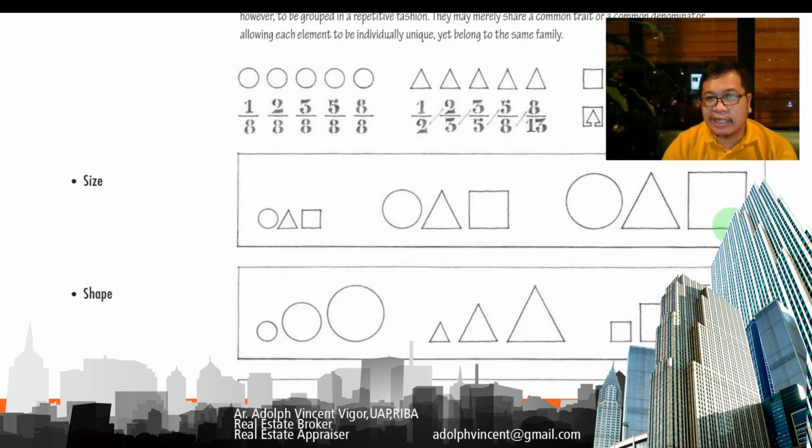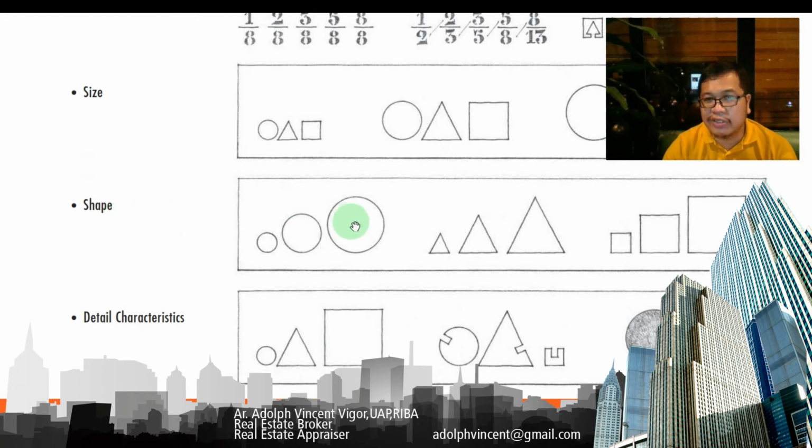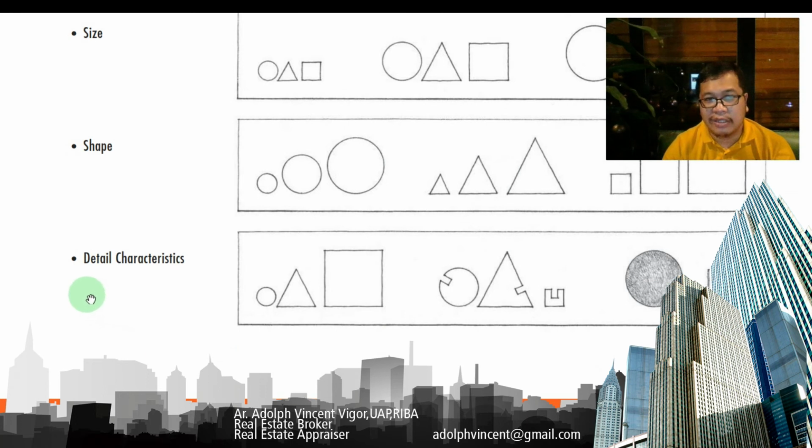Okay. Like here, there are different sizes, but it's just repeated. Here, these are different shapes, okay, but it's becoming bigger as it moves in the direction to the right. Here, you have some of the detailed characteristics which are the same, but it's still repetition.